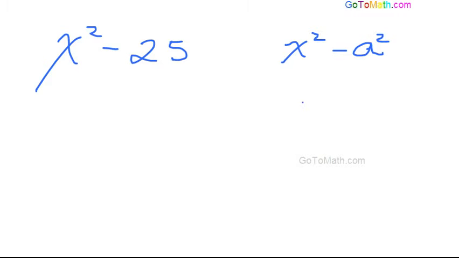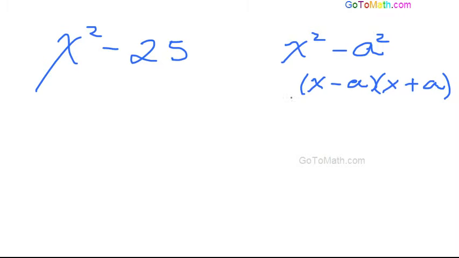Let's do that right there. Okay, so this is the difference. See, there's a minus sign right here. The difference of two squares can be written as x minus a times x plus a, where a is some real number. However, we're going to be working with integers, just to make things easy, if you're learning this for the first time, or maybe you're just refreshing.